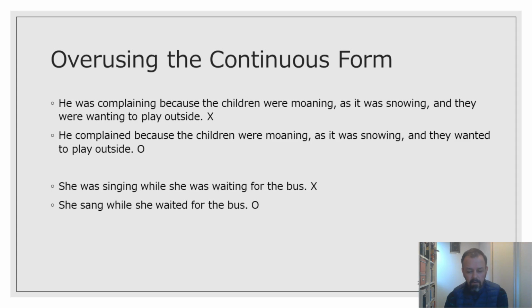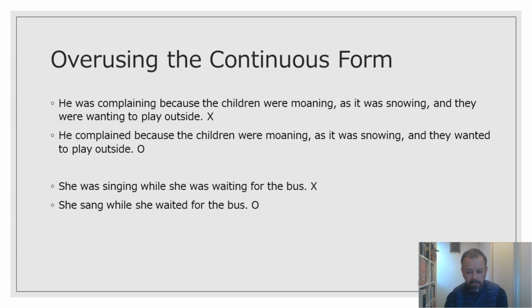And overusing the continuous form leads to long, structurally complicated sentences, mostly because when we use the ing form, we always need to include a be verb somewhere. So you're adding an extra word compared to other verb forms. And it's just a lot of particles in the sentence which make it difficult. So for example, he was complaining because the children were moaning as it was snowing and they wanted to play outside.